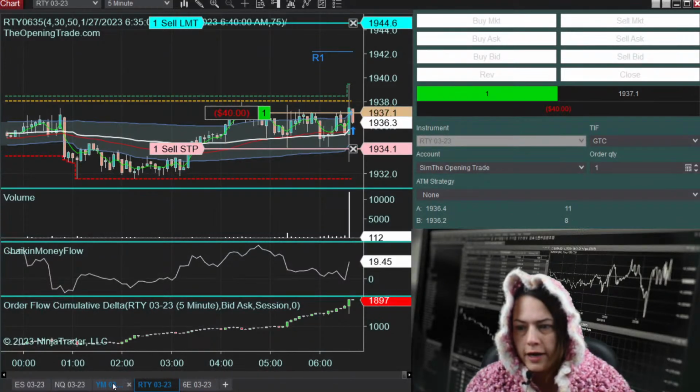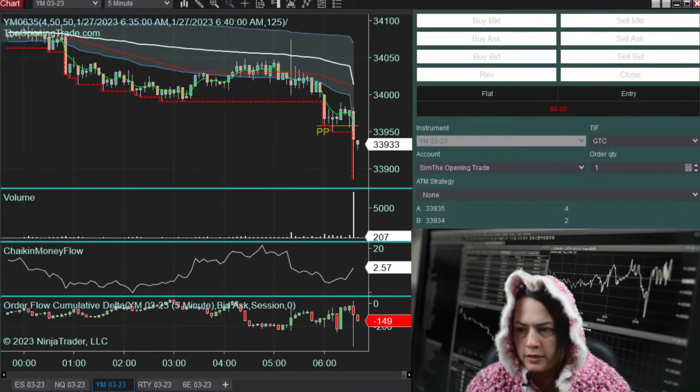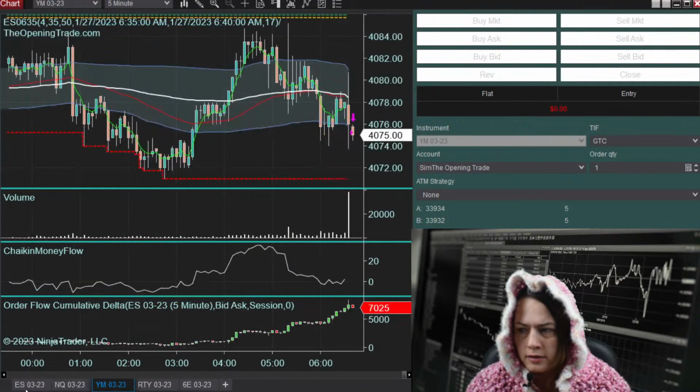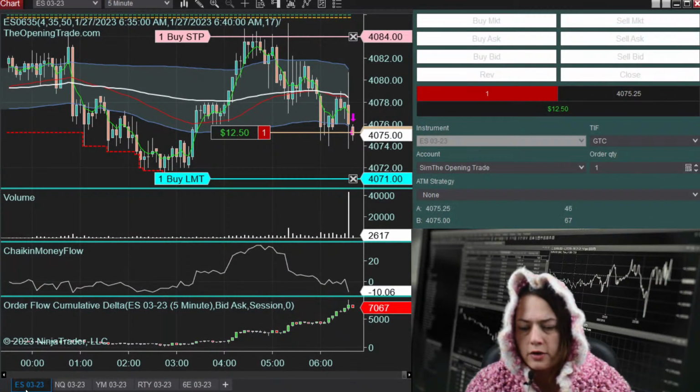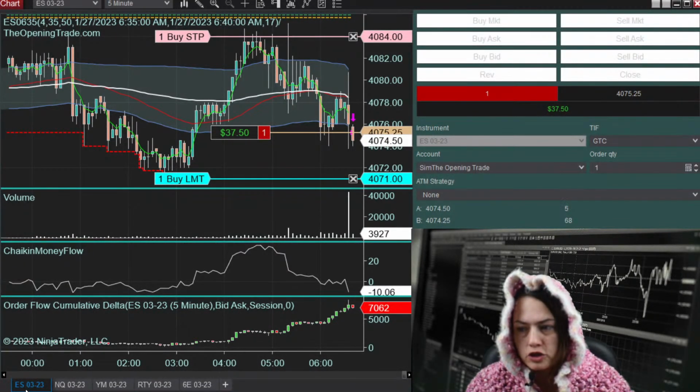Order submitted. Alright, so this is the Russell 2000 futures, and we are in an automated trade. I think I heard more than one, so let's see. Yes, so we have 2 automated trades fired off at the same time. The Dow Jones did not see an indicator, so it did not enter itself into an automated trade.